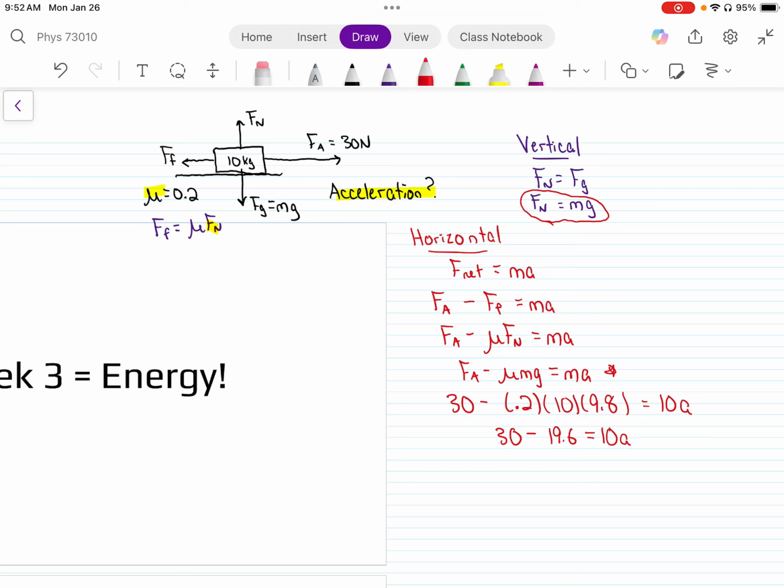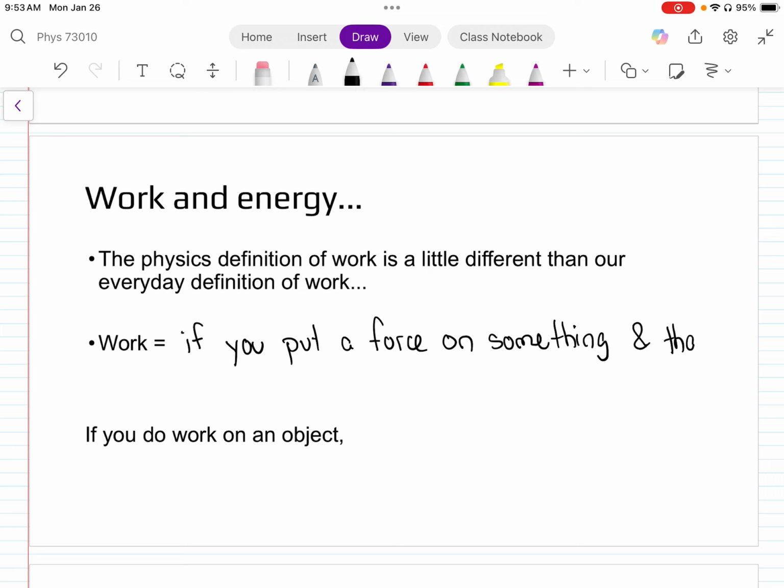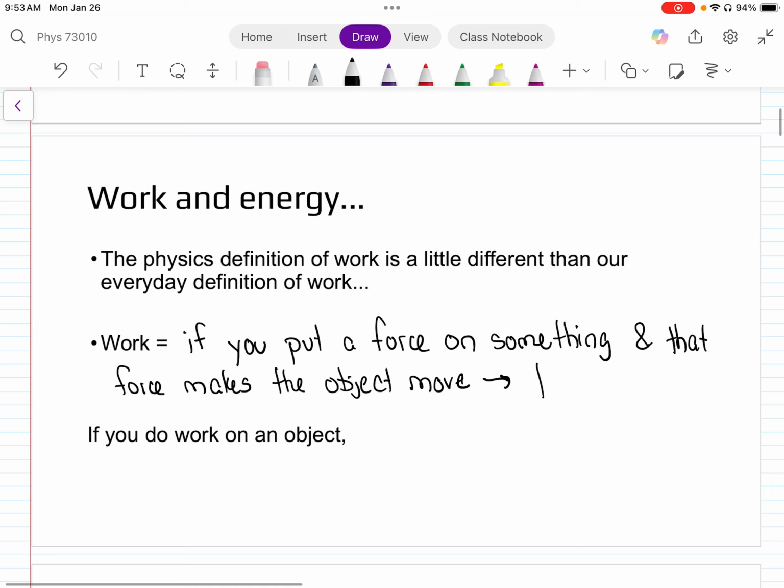The physics definition of work is if you put a force on something, it's two-part. You put a force on something and that force makes it move. If you do that, then you've done work on the object.